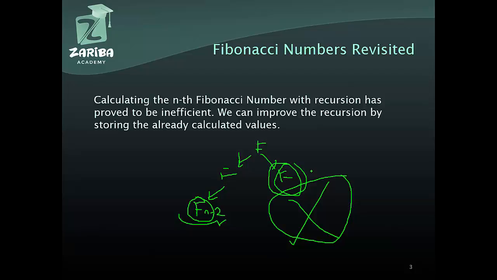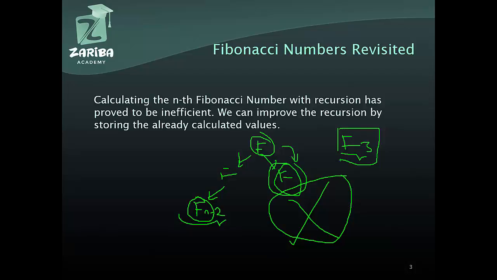No? Okay, the idea here is that as soon as we calculate a value, let's say that at some point we've calculated f of 3, we can store it in some array or something, and another time, let's say on the right branch, if someone asks for f of 3, we don't have to go again and calculate it, but rather just say, well, we've already had this, so let's just return the value that we know.